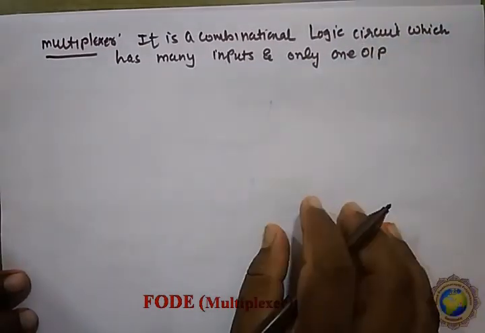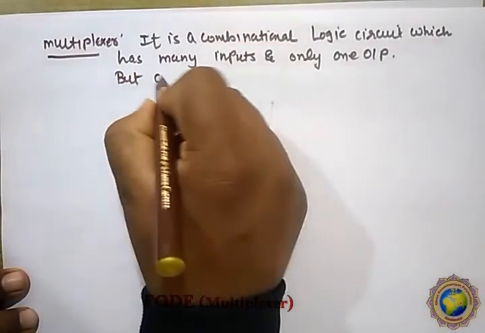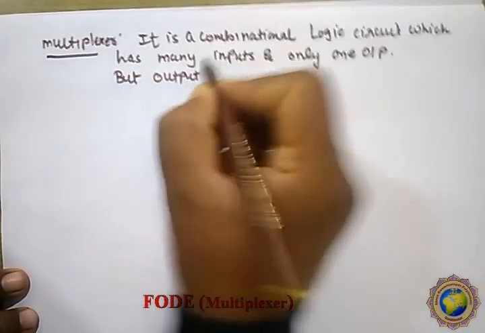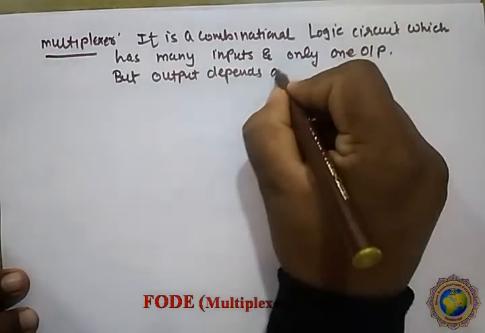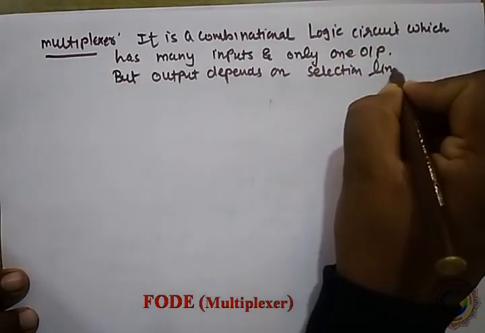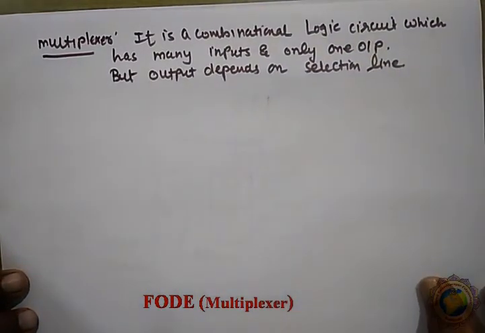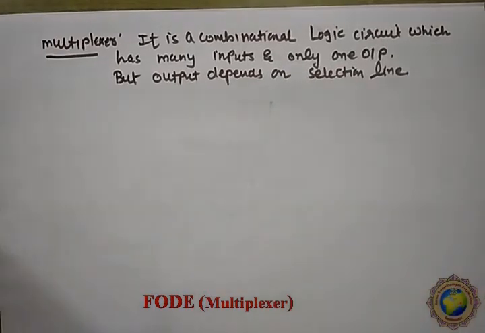Many inputs and only one output, but output depends on selection line. Output કોના પર ડિપેન્ડ કરે છે? તો સિલેક્શન લાઇન ઉપર એ આઉટપુટ ડિપેન્ડ કરે છે. તો ધેટ ઇઝ ધ મેઇન ડિફરન્સ.